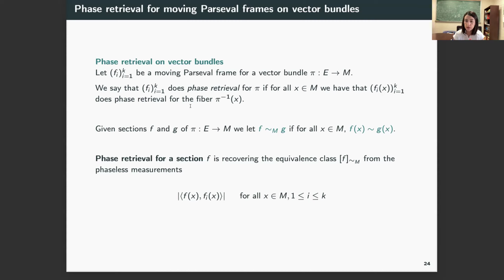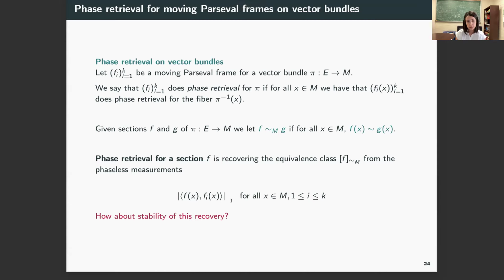So if you think about the equivalence class of F on this M, you're basically recovering this equivalence class from the information that we have, which is just the magnitude of F of x with Fi of x. So this is a little bit of a difference between this one and the other phase retrieval case, in that we are now recovering the equivalence class by just knowing the magnitudes.